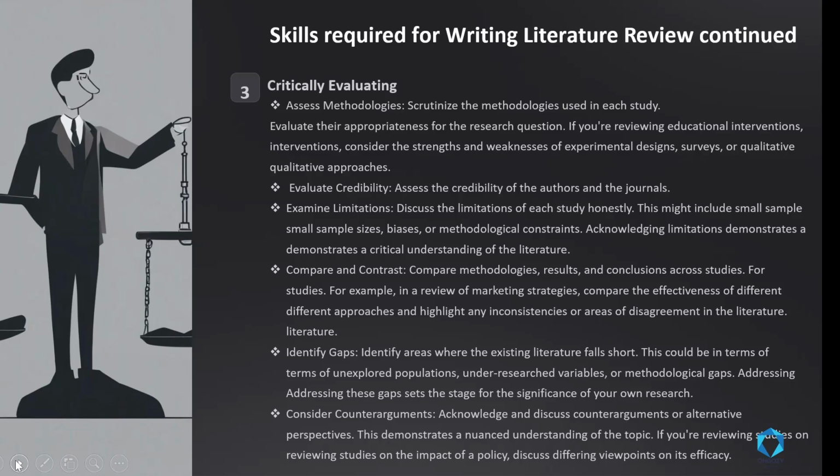It could be methodological constraints. It could be acknowledging limitations. Acknowledging these limitations demonstrates a critical understanding of literature. When you are able to do critical evaluation, it shows that you have understood your literature.